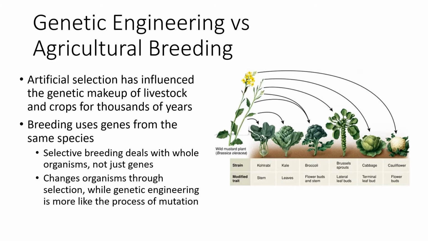So GMOs, or genetic engineering, is different than agricultural breeding or really artificial selection. Basically we use individuals with traits that we like, and we end up crossbreeding. And so we've done this genetic manipulation just through breeding, not through the actual insertion of a gene. And so that is where agricultural breeding is different from genetic engineering.